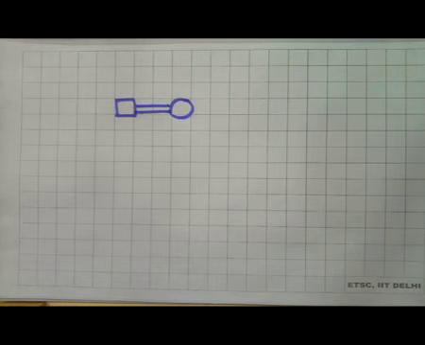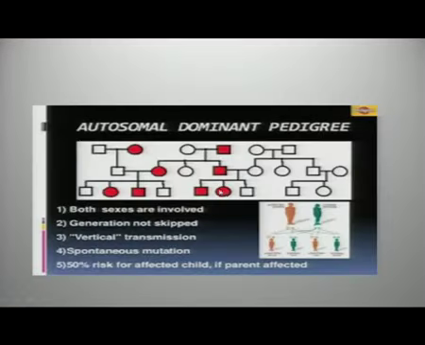Here you can see an example of a pedigree chart showing a dominant character, a character controlled by dominant genes, and how it is transmitted to the next generation.